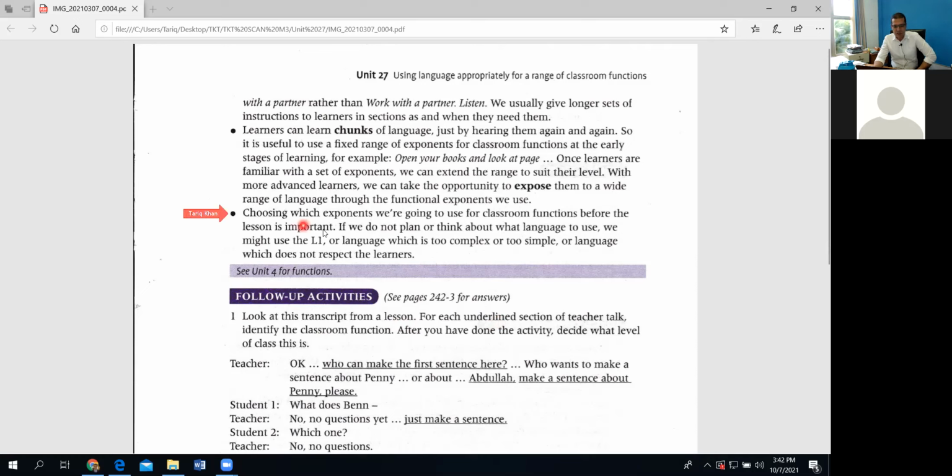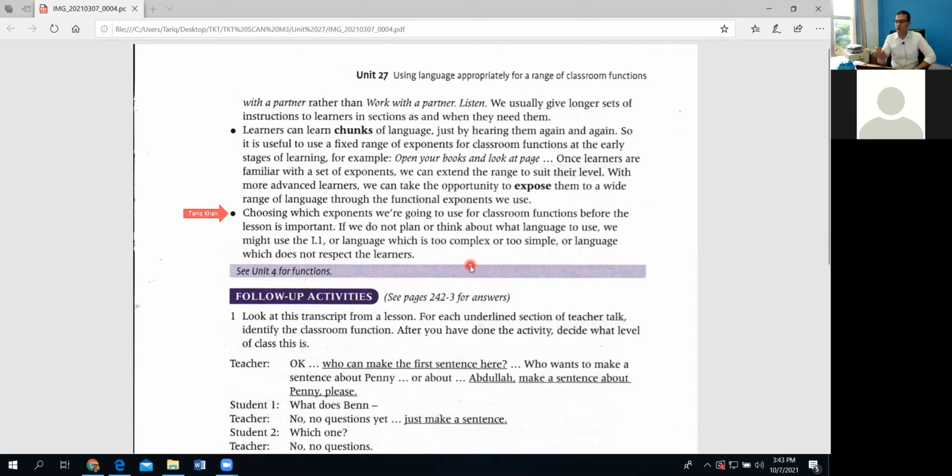Choosing which exponents we are going to use for classroom functions before the lesson is important. If we do not plan and think about what language to use, we might use the L1, or language which is too complex or too simple, or language which does not respect the learners.